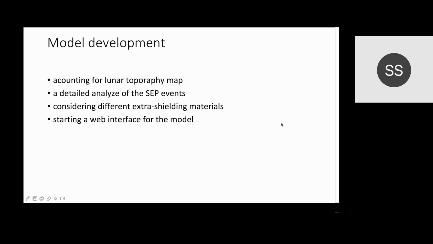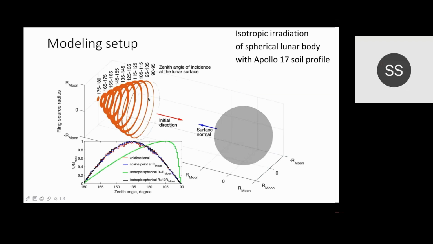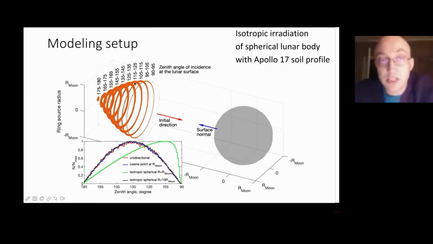The main advantage of the planar source is that we use a circle source, and then we split it into rings, and each ring responds for particles that come at a certain angle on the lunar surface. And with the lunar topology, for example, when you stay inside a crater on the lunar surface, you would not get the contribution of particles which come from 90 degrees, so you can exclude them when you assess the radiation dose and environment.